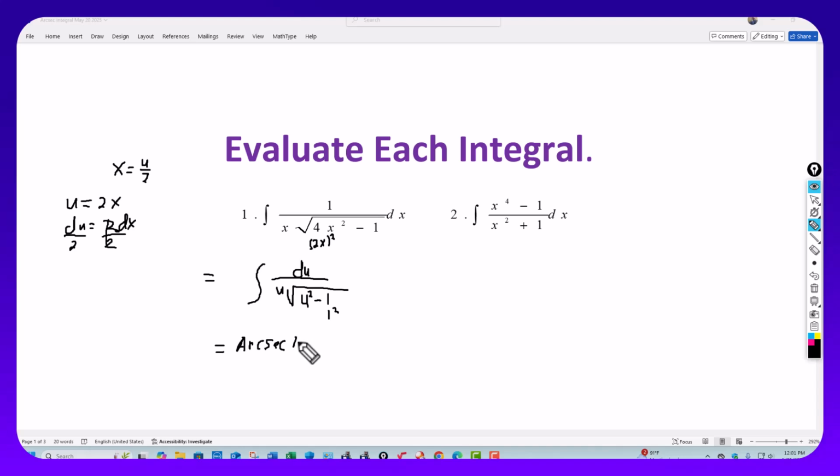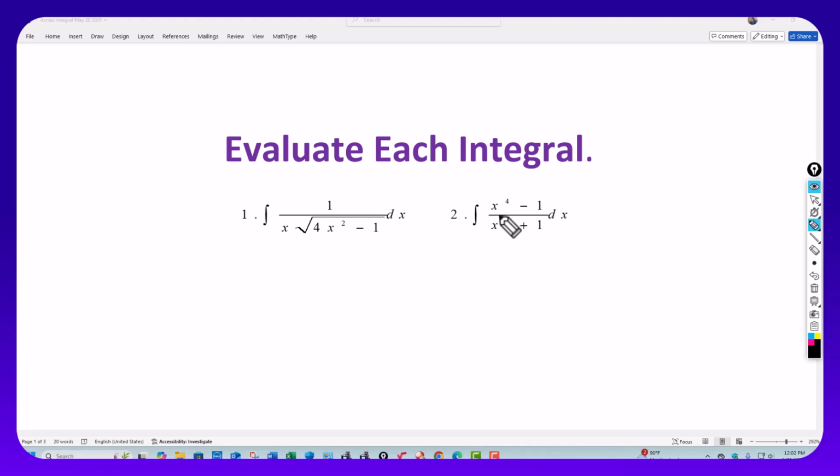In our case, u is 2x. That's over a is 1. So that's going to stay arcsecant of absolute 2x, and then plus the constant of integration. Arcsecant of the absolute value of 2x plus the constant of integration.